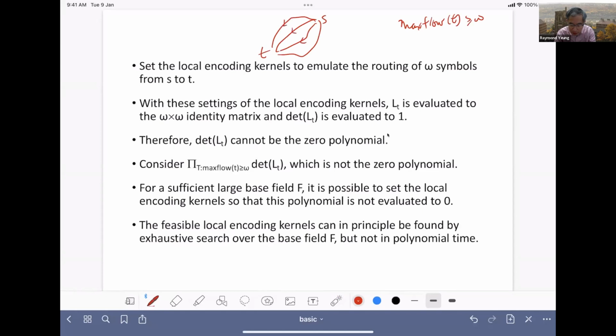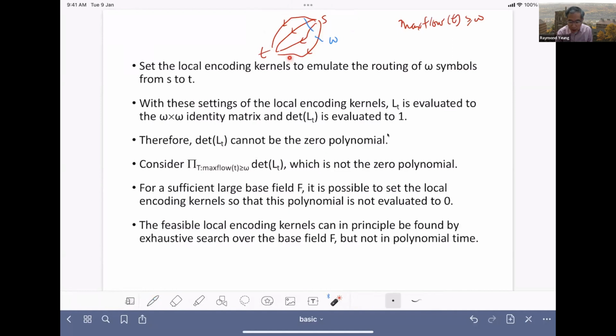And if there exist omega such paths, we can simply route the symbols through, right? We have omega symbols, and we can route these symbols through.